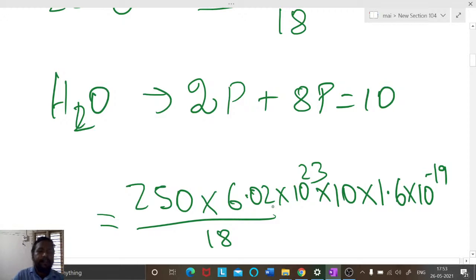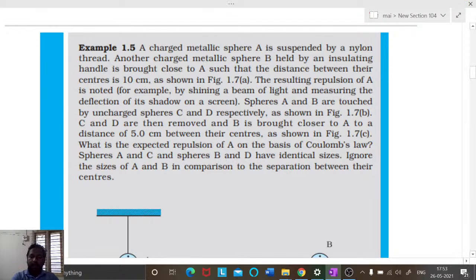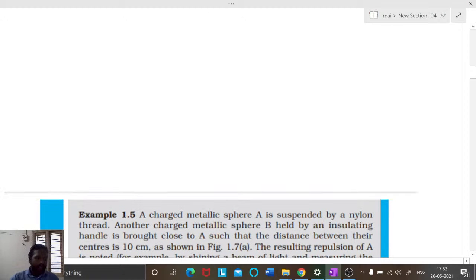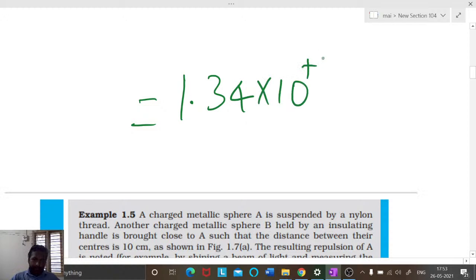If you calculate this, finally we'll get 1.34 into 10 power plus 7 coulombs.